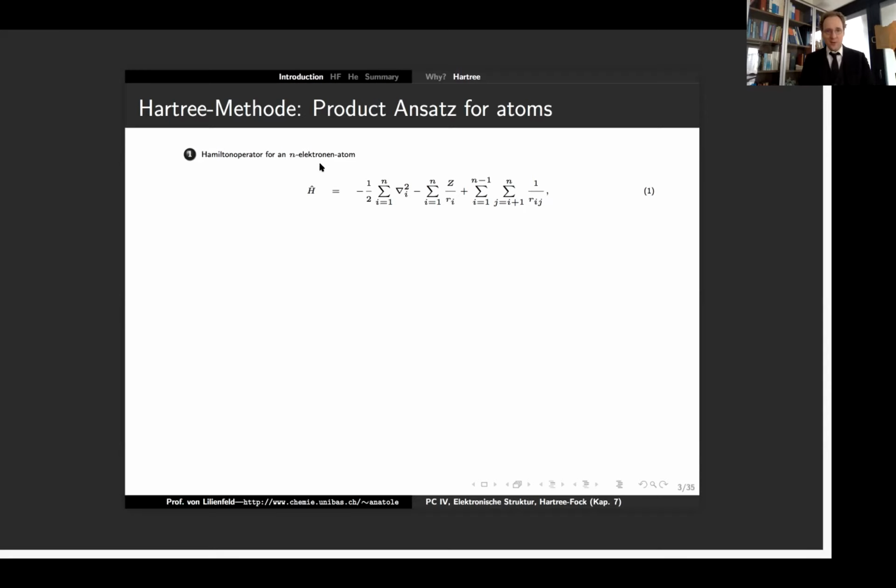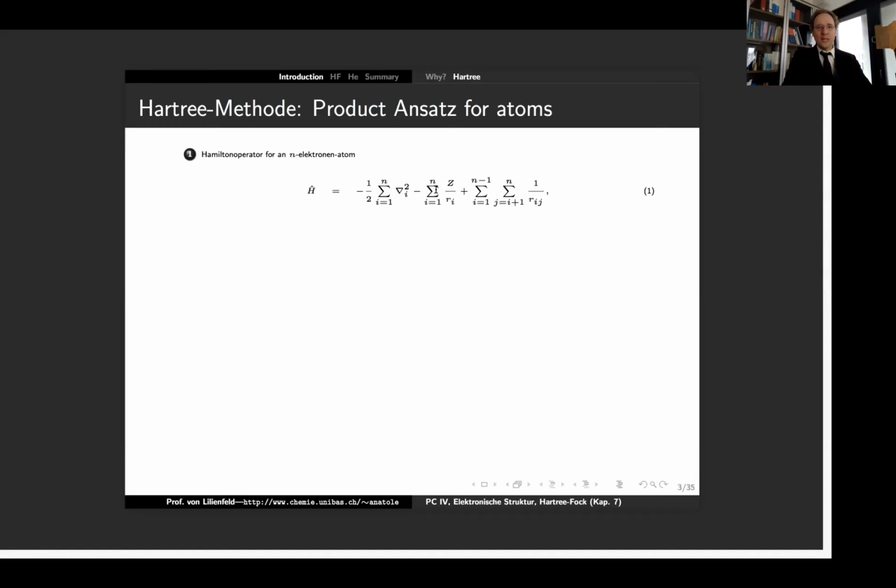So within the Hartree method, you write the Hamilton operator for an n-electron system, right? So imagine one atom, and it has a lot of electrons, so n electrons. So this is how you would write it. This is the kinetic operator, right?